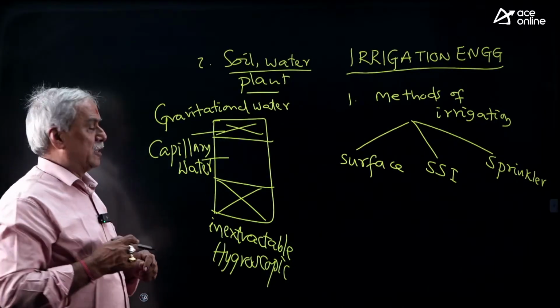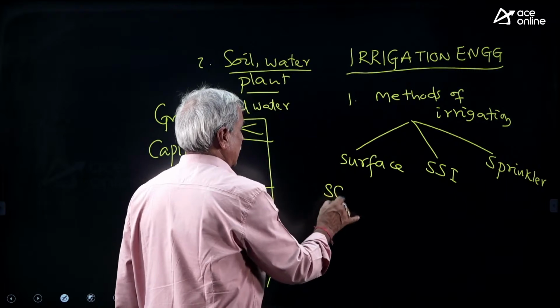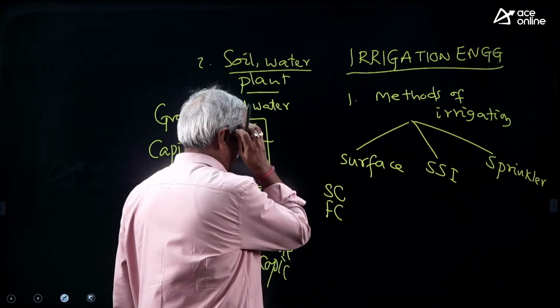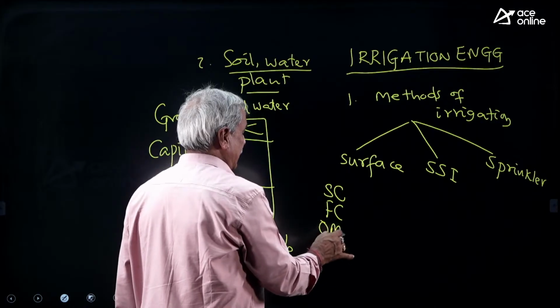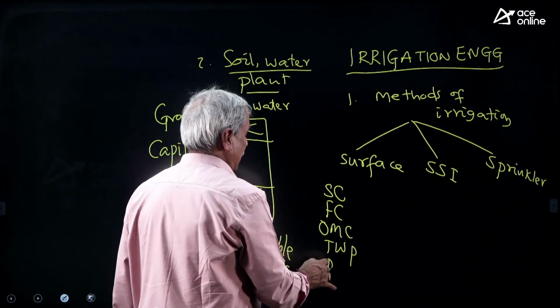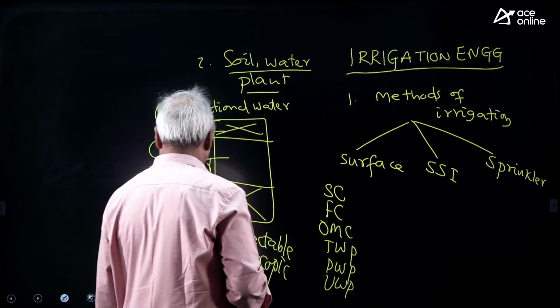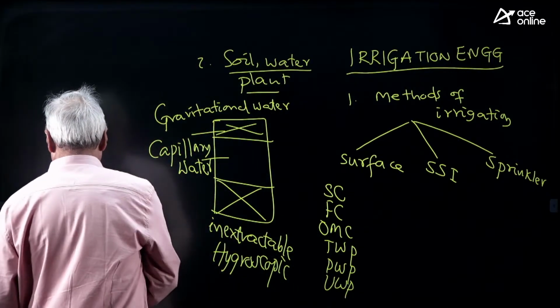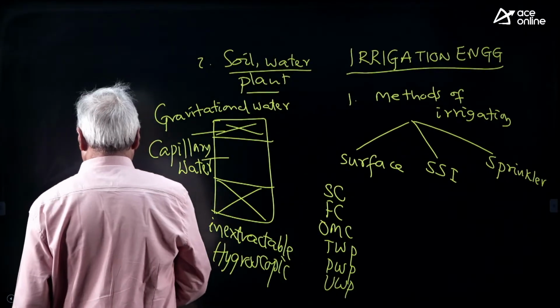Then the 6 moisture contents: saturation capacity, field capacity, optimum moisture content, temporary wilting point, permanent wilting point and ultimate wilting point. In what zone, which one is to be taken, that you must take care of.